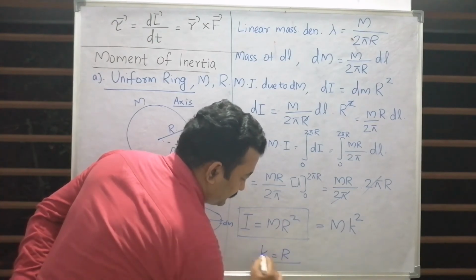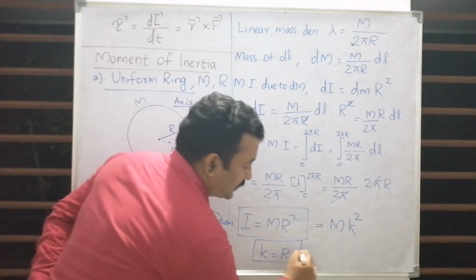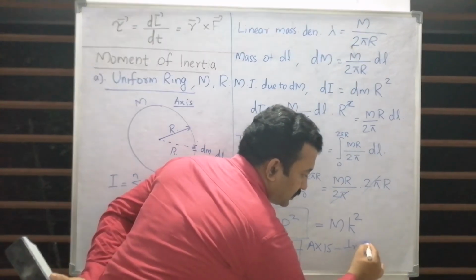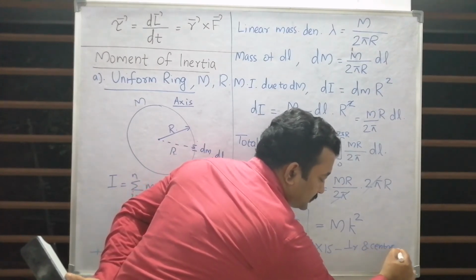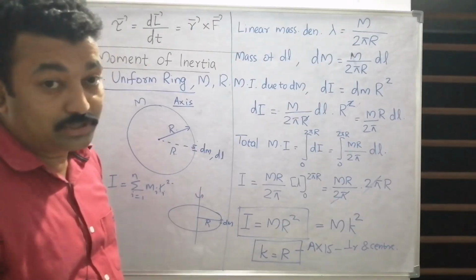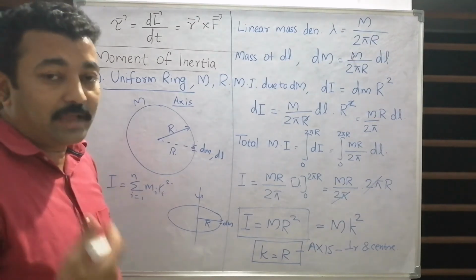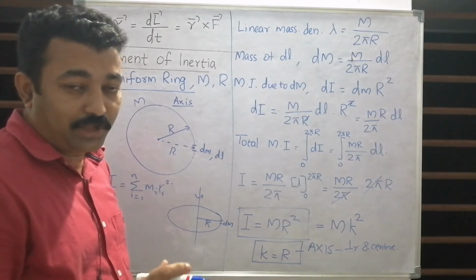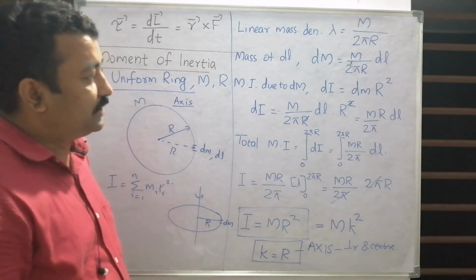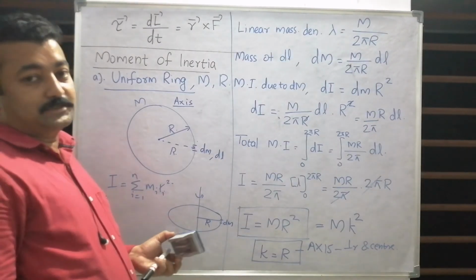It is nothing but the radius of the ring itself when the axis is perpendicular and through the center, because the values will change when you choose different axes. That aspect we will see when I take the perpendicular axis theorem, the parallel axis theorem, and when we see the different values of moment of inertia of different kinds of objects.